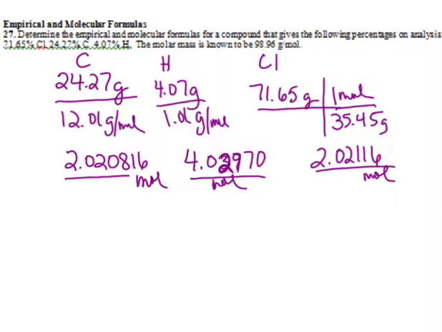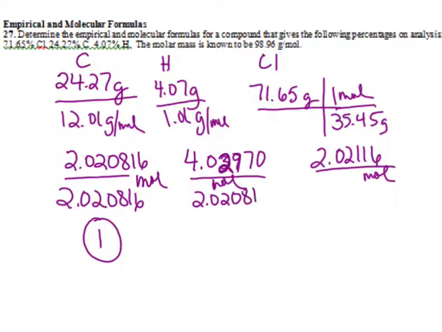And that would be this one, 2.020816. So we know that's going to divide and get 1, right? What does the calculator tell you? That's not going to change anything at this point because we're dividing by 2.02. It's going to come out to be 1.